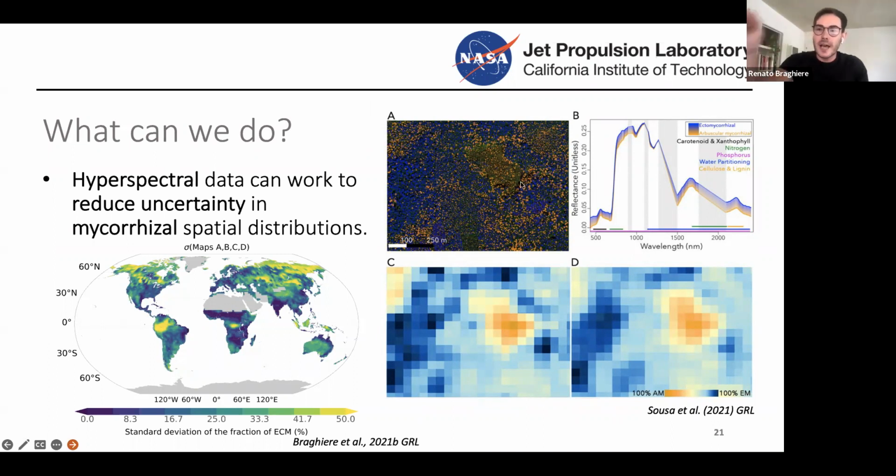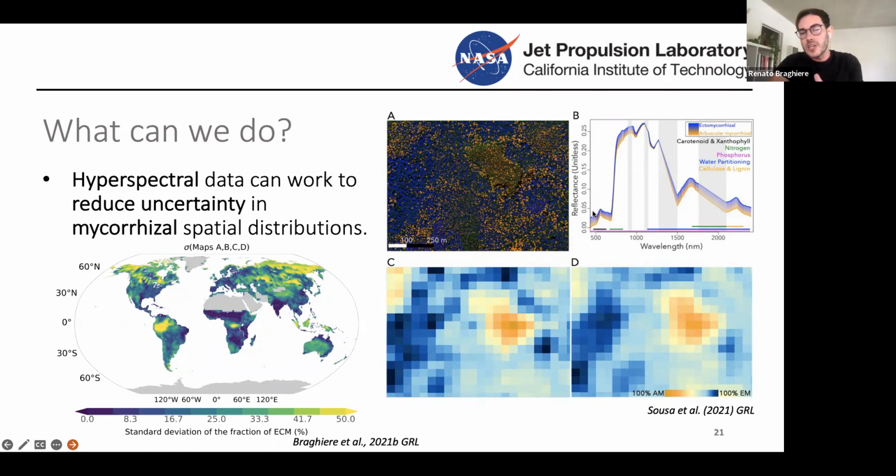And we flew a hyperspectral sensor over this forest, and when we take the average reflectance of these 2 groups of trees, we get differences in the hyperspectral signature among those trees.